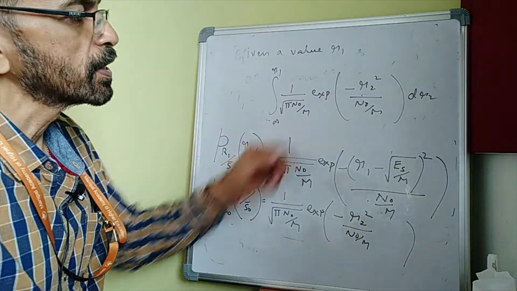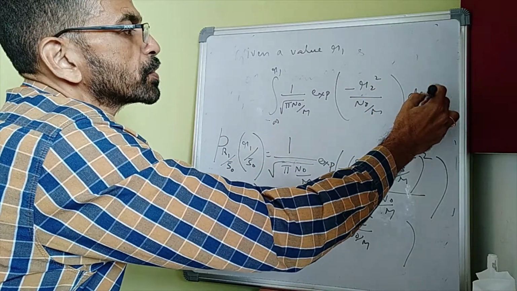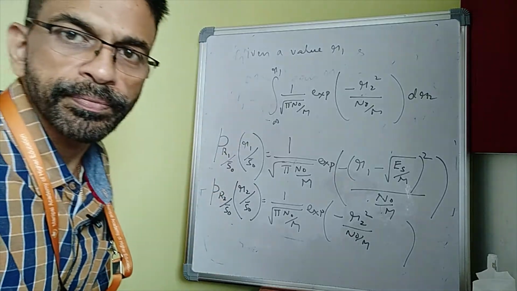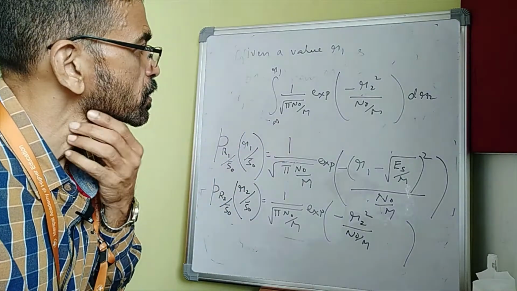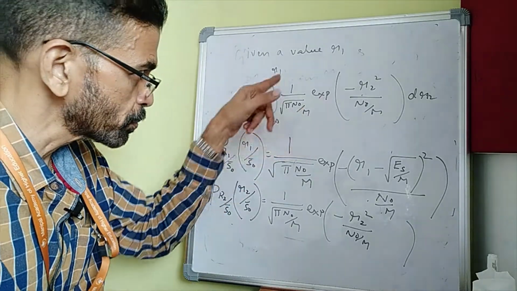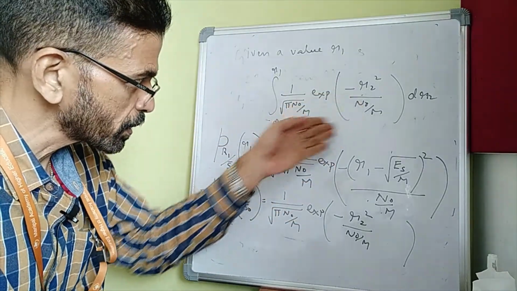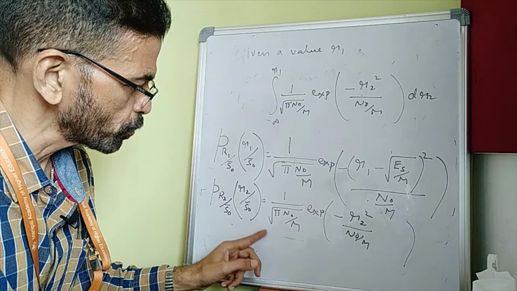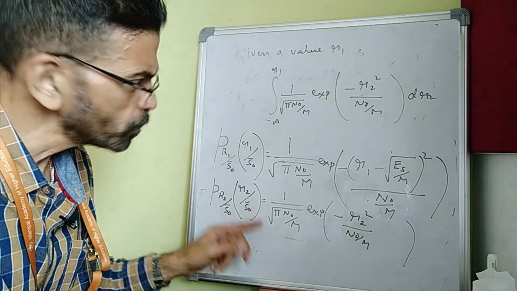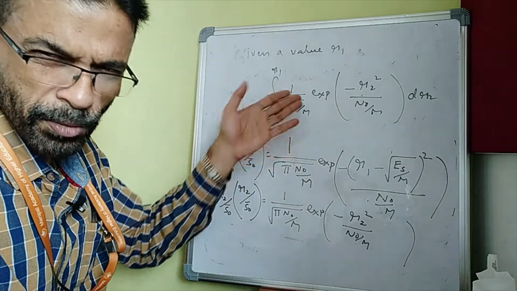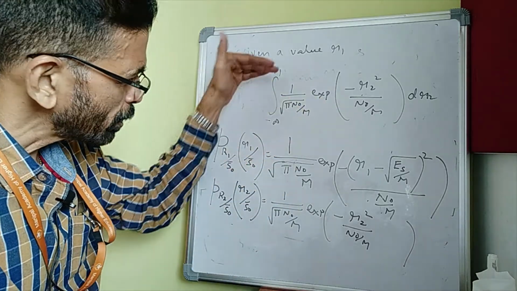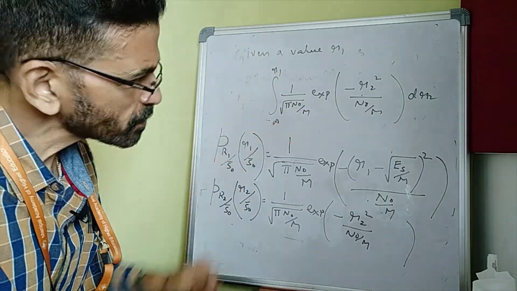This is the probability that R2 takes a value less than R1, given of course a certain value of R1. You just have to integrate the conditional density function of R2 from minus infinity to R1. So that gives the probability that R2 takes a value less than R1.